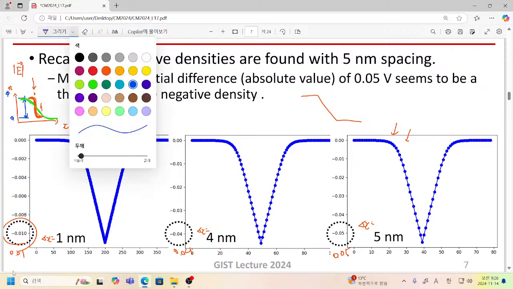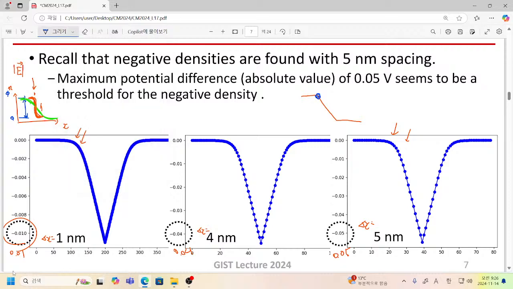In an extreme case, we just take 2 points. Then what is the potential difference? Of course, the potential difference will be the full difference. However, if we introduce more points to describe the same system, then what is the difference between two nodes?